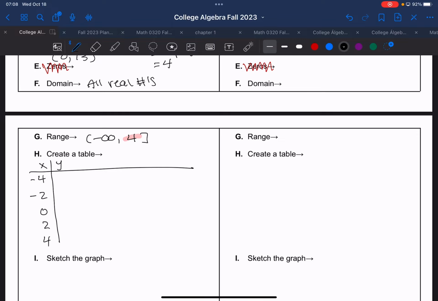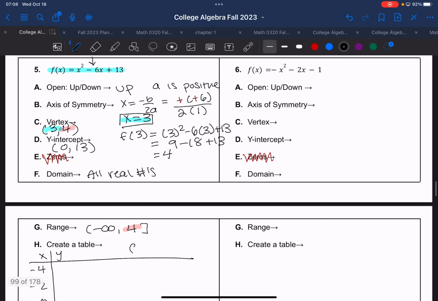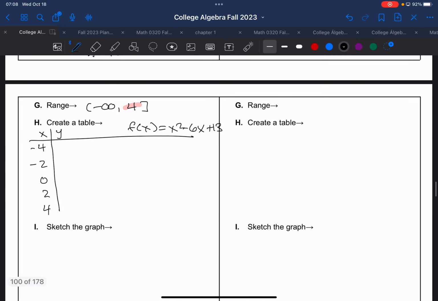Plugging them in. Okay, so to remember, our equation is f of x is equal to x squared minus 6x plus 13. So if I plug in a -4, I have (-4) squared minus 6 times -4 plus 13. I'm going to go ahead and just plug that into my calculator.